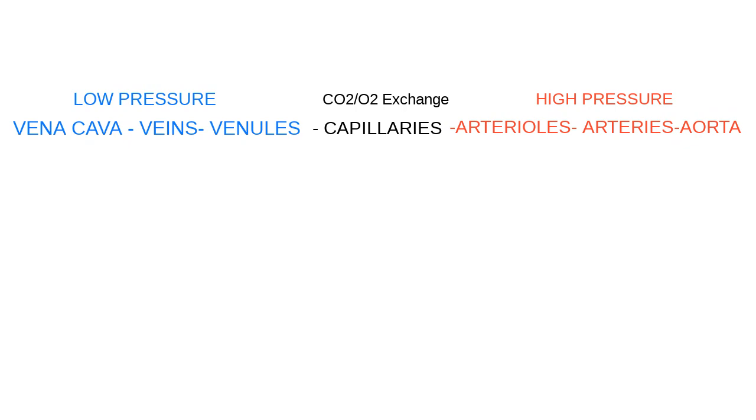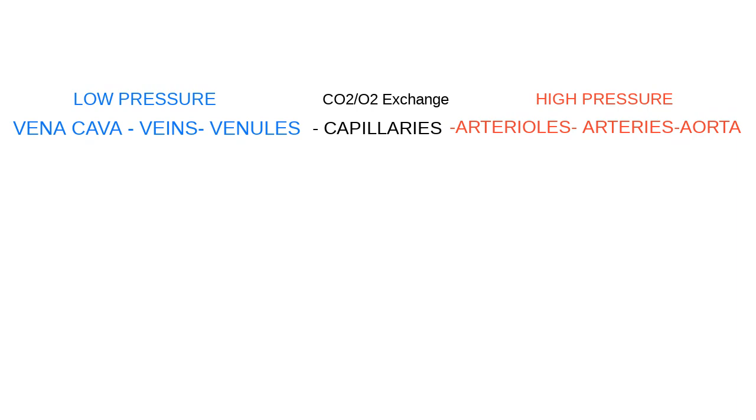What we're going to look at this afternoon is the blood vessels, the layout of the blood vessels. You need to have a good understanding of the blood vessels before we can look at how blood is circulated within the body.